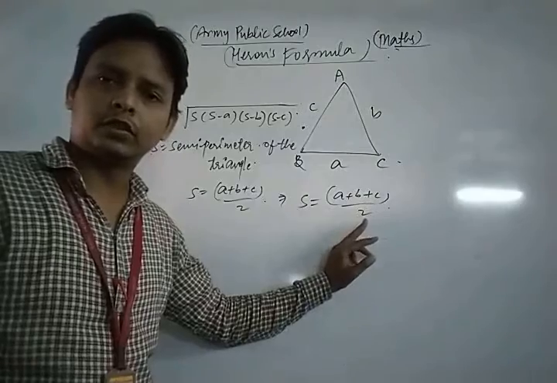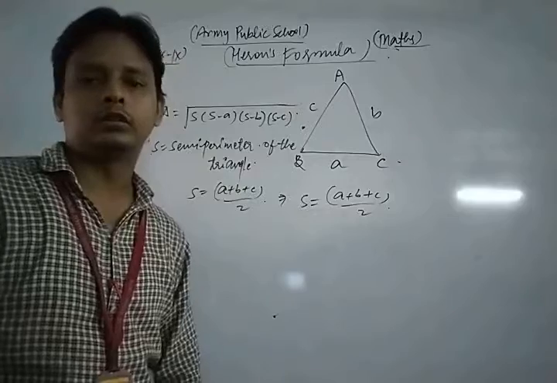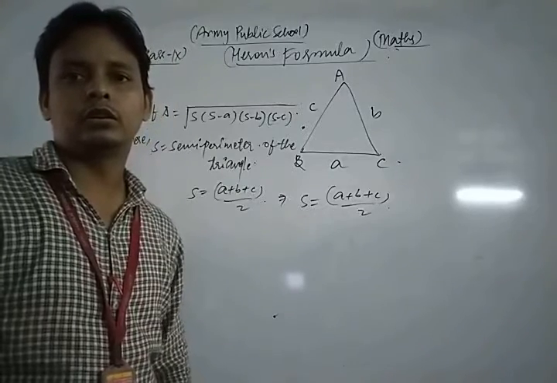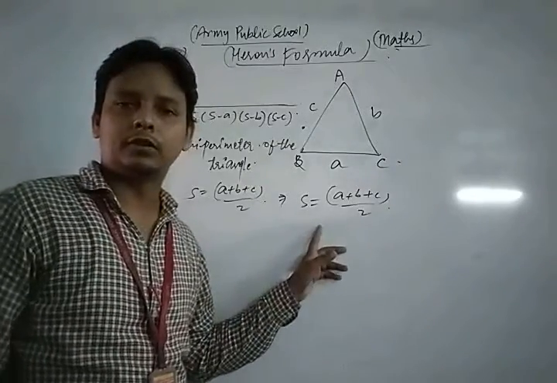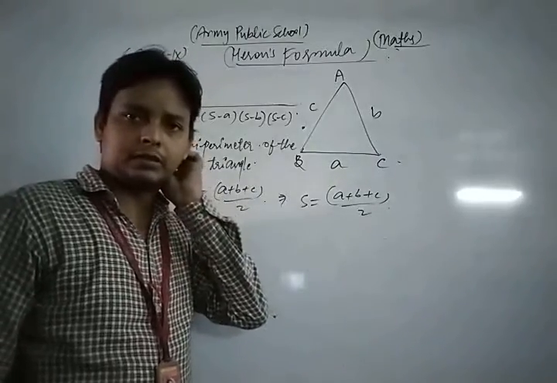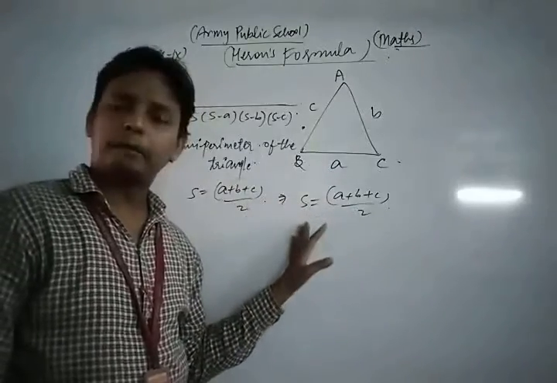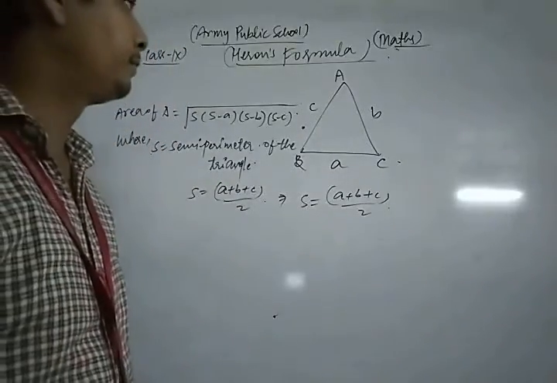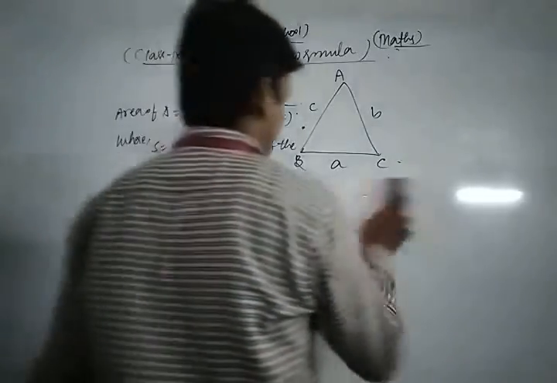This is one of the most important formulas. So in this way, with the help of this formula, we find the value of the semi-perimeter, and after finding it, we put in all the values. Now, dear friends, we solve some important questions based on these topics. Let's see.